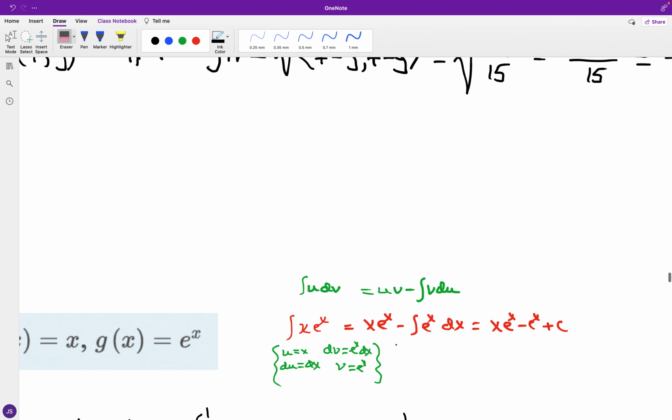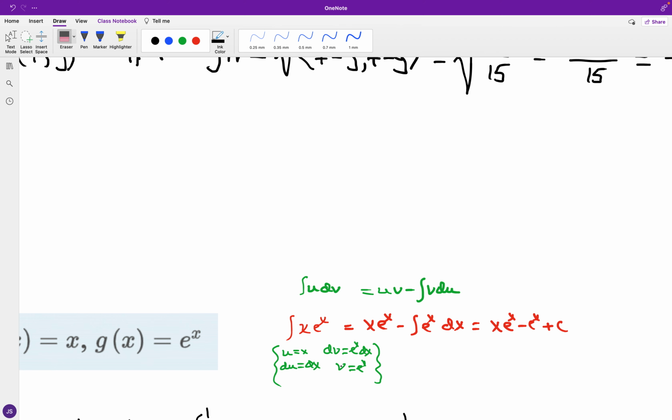Notice, with the integration by parts, we have u is equal to x and dv is equal to e to the x dx. Now, for u equal to x, the differential becomes du is equal to dx. And for the antiderivative of e to the x dx, we're going to have e to the x.